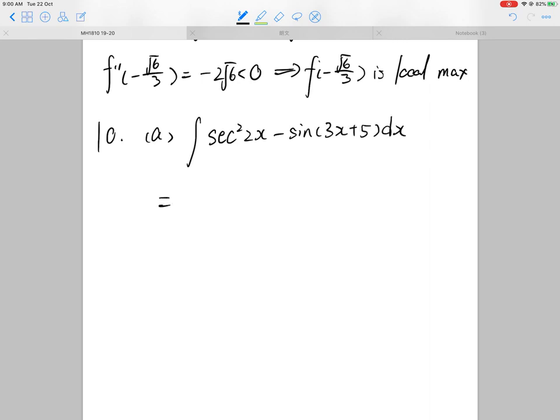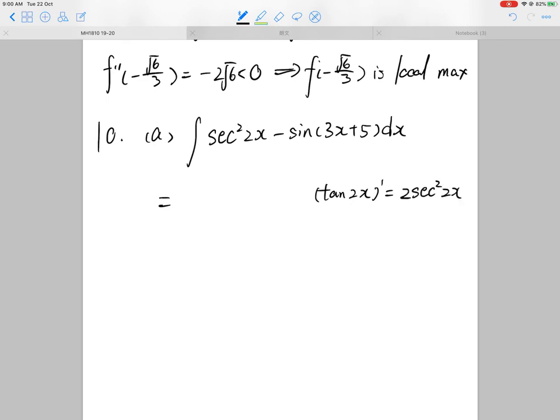This part just asks what function's derivative is this. Notice that tangent 2x, the derivative is secant squared 2x times 2.